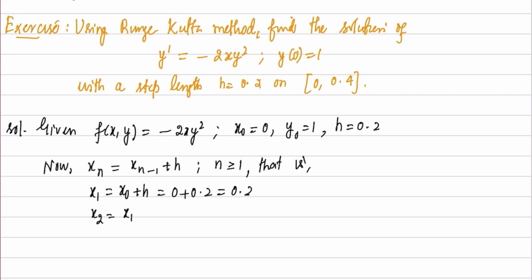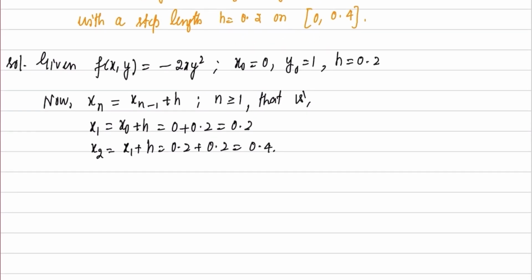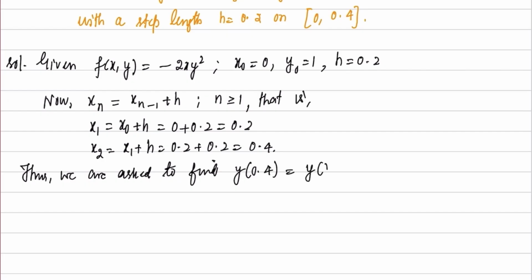Then x2 is x1 plus h, which is 0.2 plus 0.2, equal to 0.4, and 0.4 is the right end of our given interval 0 to 0.4. That means we are asked to find y(0.4). This is actually the value of y(x2), which we denote by y2 in our definition of the Runge-Kutta method. So we are asked to find the value of y2.